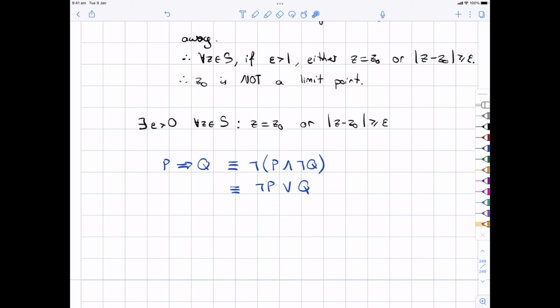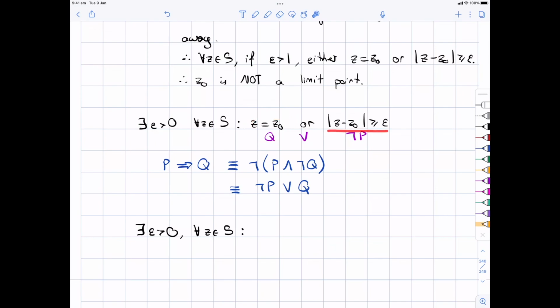But now in the context of what we're doing, I want to rewrite this statement, which has an or, as an implication. The way I'm going to do that is I'm going to call this statement here not P, and this one here Q. So to rewrite this as an implication, it's now going to be: there exists an epsilon greater than 0 such that for all z in S, P implies Q. So I need the negation of this implying this.